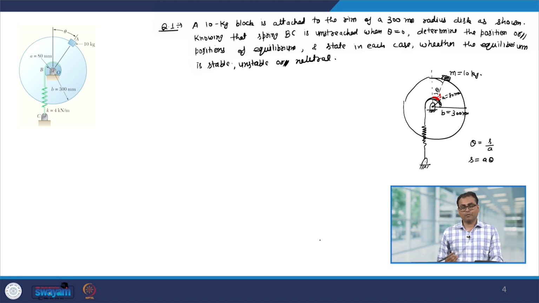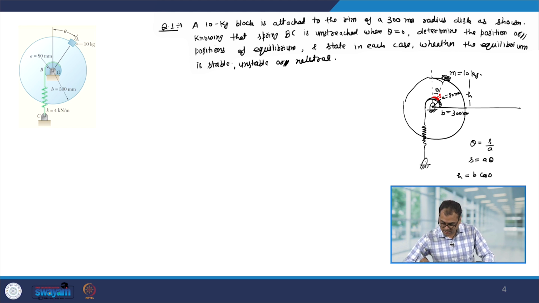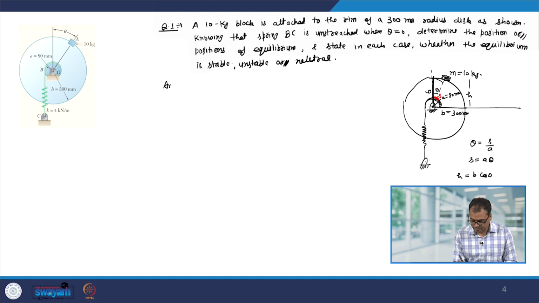Now, let us also find out how much is the potential energy of this mass m. Let us say in this instant the height of the mass m from the horizontal is h. So, we can find out how much is h. H will be b cos theta, because this radius is b. Now, we can write down the total potential energy of the system.